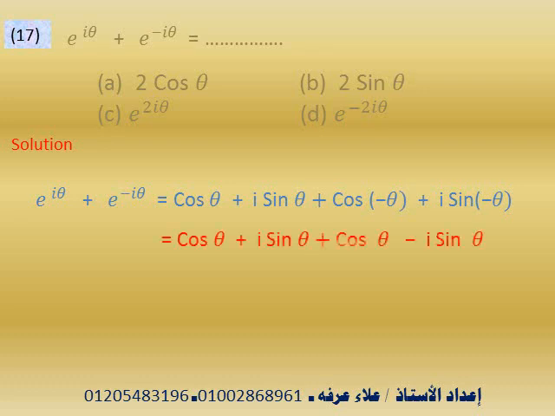Then we get cosine theta plus i sine theta plus cosine theta minus i sine theta. Cosine theta equals cosine negative theta, and sine negative theta equals negative sine theta. We can get 2 cosine theta.